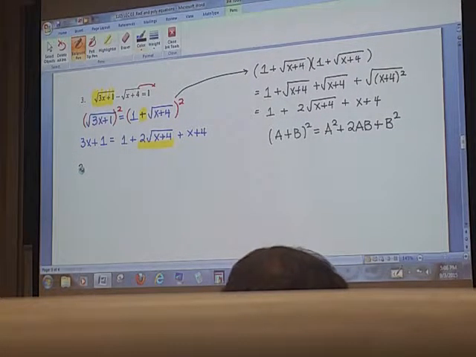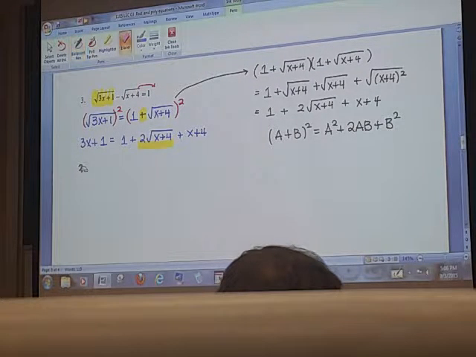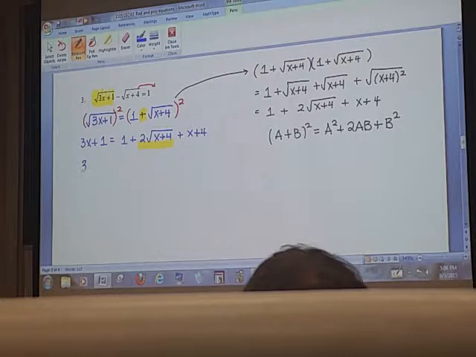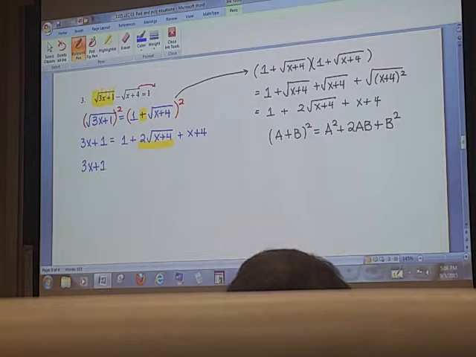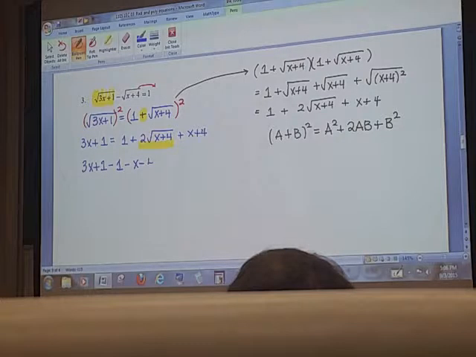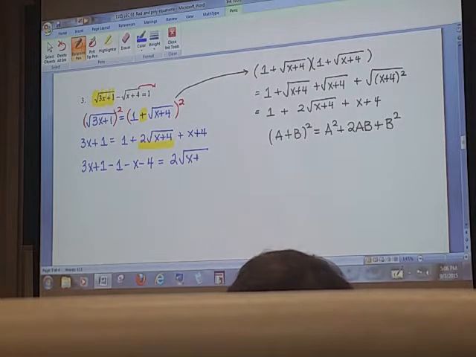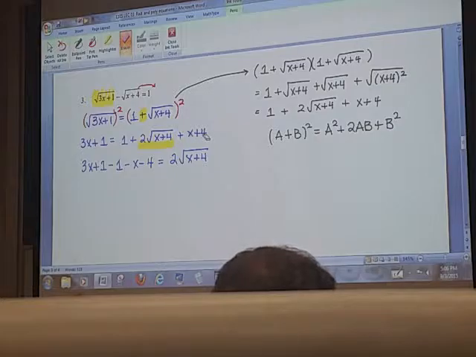So I will have, can't do it black, let's do it blue. I have 3x plus 1 minus 1 minus x minus 4 equals 2 x plus 1. So those things, the 1, the x, the 4, I'll move over here.